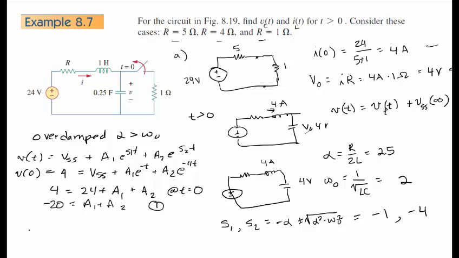The other one that we need is that I at 0 equals C dV at 0 dt.